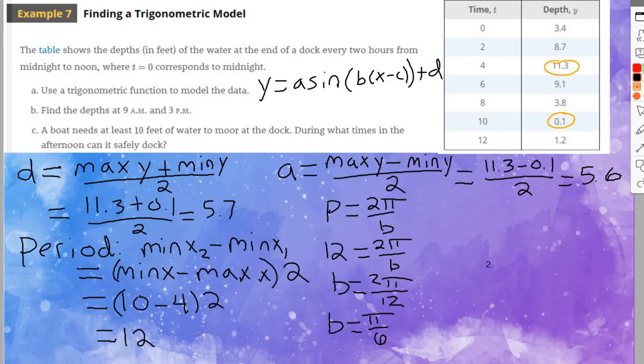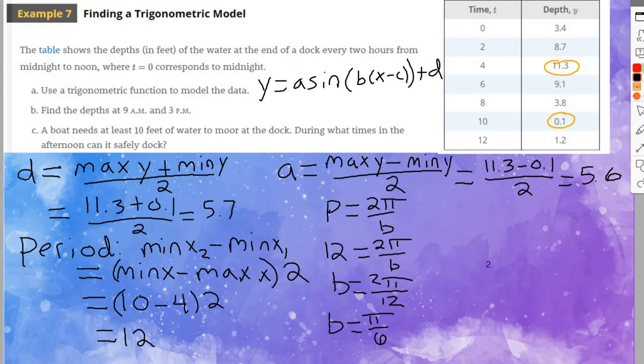So I'm using my max and my min. But remember that our b values are inside. So now instead of using our y value like I did with d and a, I'm using the same point, it's just now I'm using the x part of it instead. Does that make sense? Other questions?